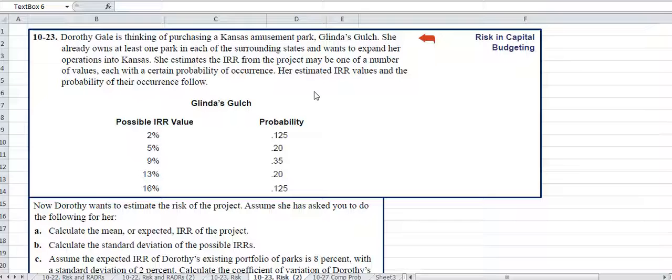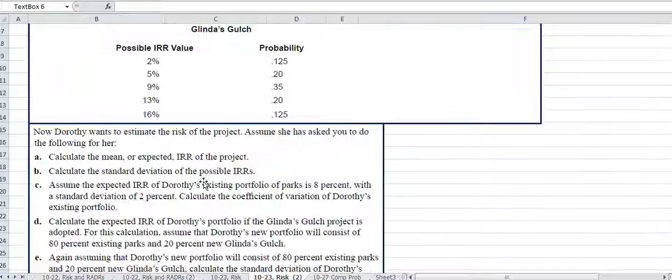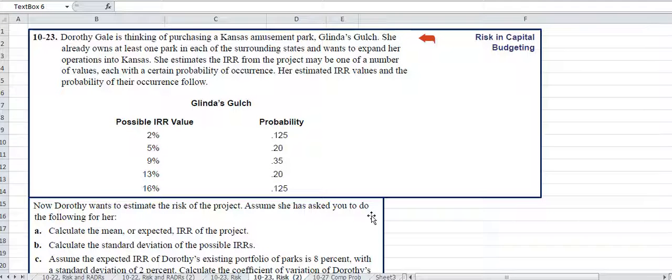first we want to calculate the mean or the expected value or the internal rate of return of this project. And instead of having cash flows here, we have a group of 5 possible internal rate of return values and the probabilities of each one happening.